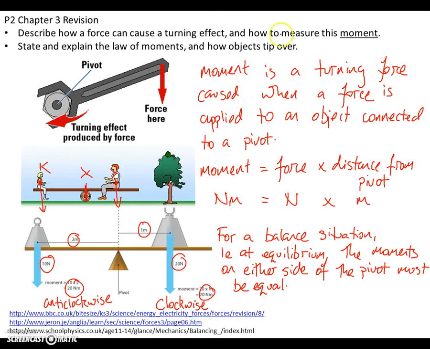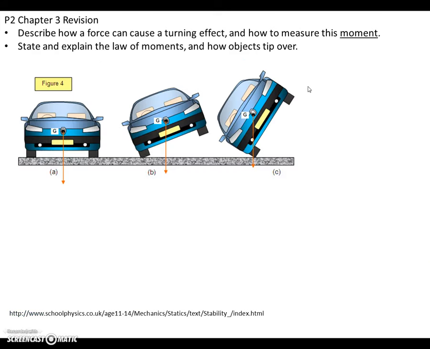So we've done that, and then explain how objects tip over. As we talked about earlier, when we're looking at how weight acts on an object, the easiest way to work that out is to talk about the center of mass, or the center of gravity. For a regular object, it's very easy. We say that all of the weight of an object acts from the geometric center of it and acts downwards.